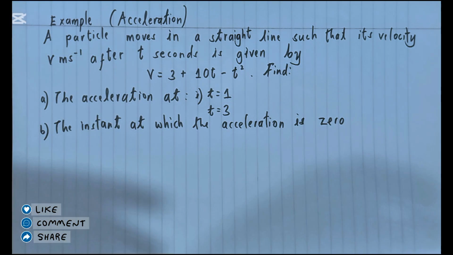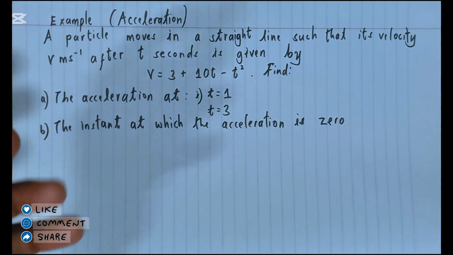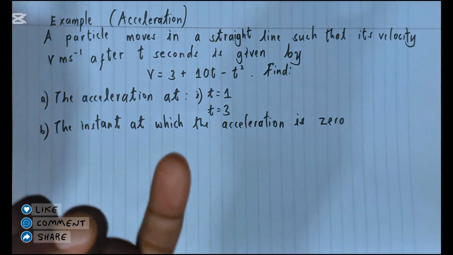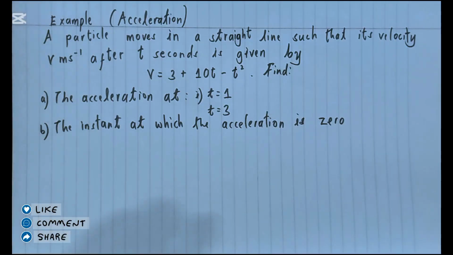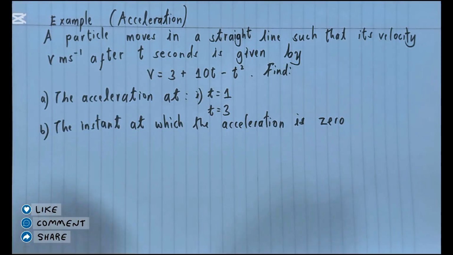I'm just putting that across so that when you find such problems, you do not struggle. If we had been given displacement instead of velocity, we would have done two derivatives: the first to find the velocity function, which in this case we've already been given, and the second to find the acceleration function, which is very important for any problem related to acceleration.